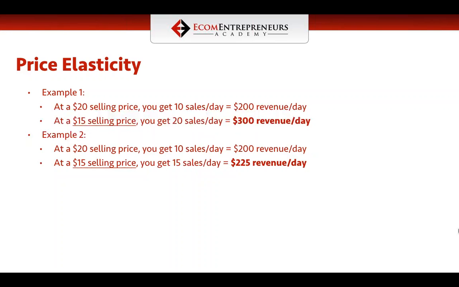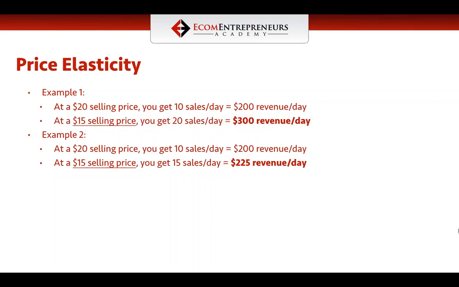What is your primary goal, right? In any testing, you need to understand what your primary goal is and which of your A/B tests, which of your split tests, actually results in you achieving that goal or getting closer to it. So if your goal, for example, is to move more products and get more revenue a day, then probably the $15 selling price is better.